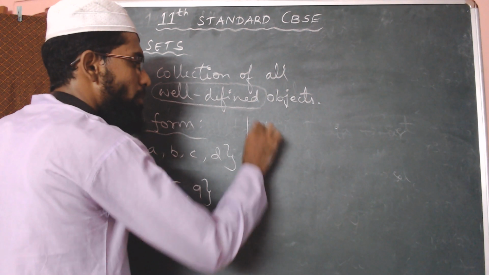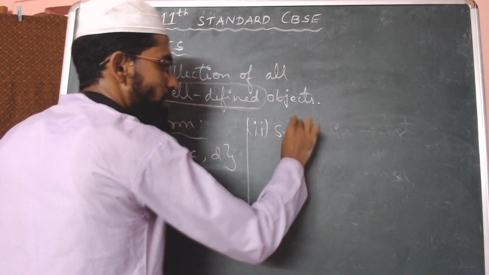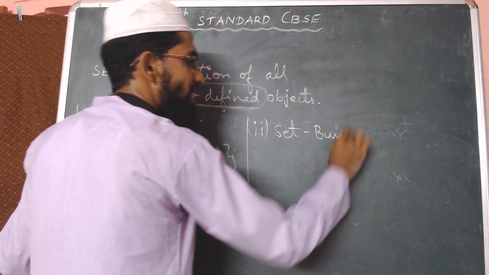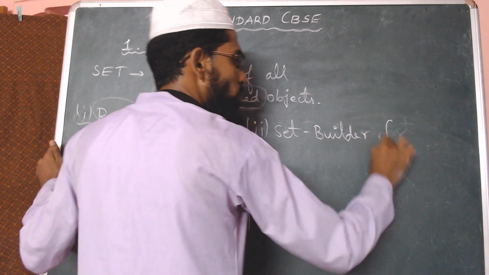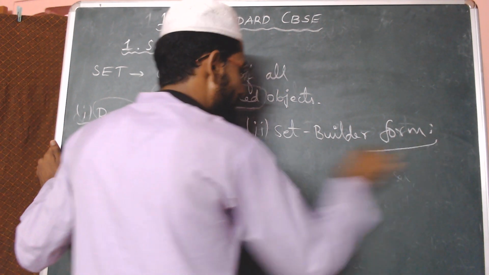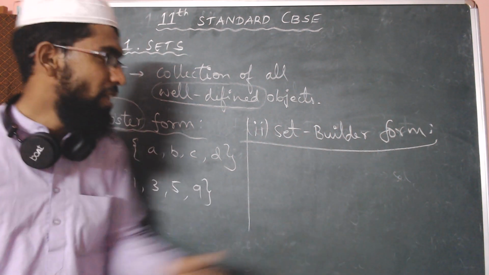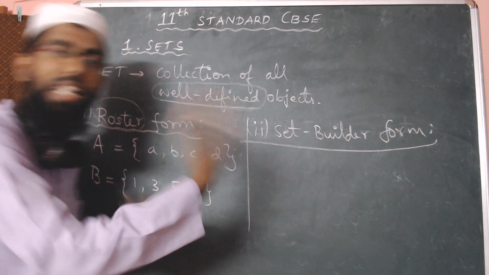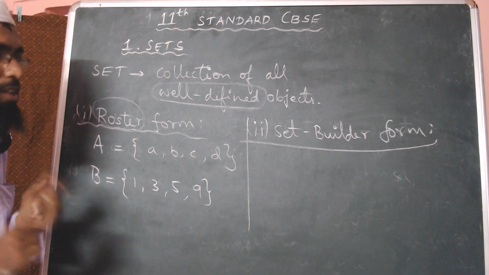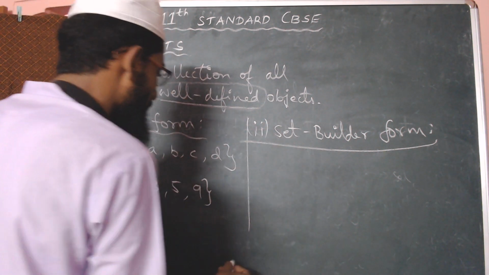Now the second form is set builder form. If you see the name itself, it will be clear. That is, after writing the set in set builder form, with the help of that we can build the set and write it in roster form. So that is called set builder form. Let me give an example.